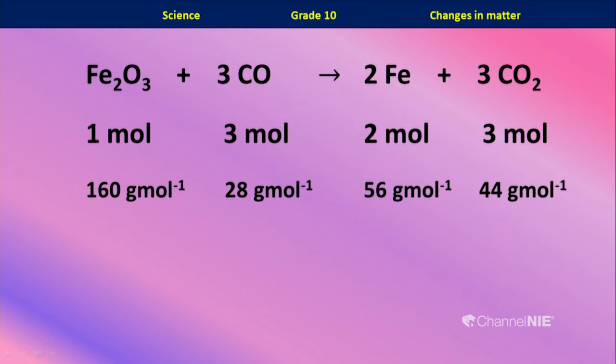Hematite relative molecular mass is 160 grams per mole. Carbon monoxide relative molecular mass is 28 grams per mole. Iron relative atomic mass is 56 grams per mole. Carbon dioxide relative molecular mass is 44 grams per mole.